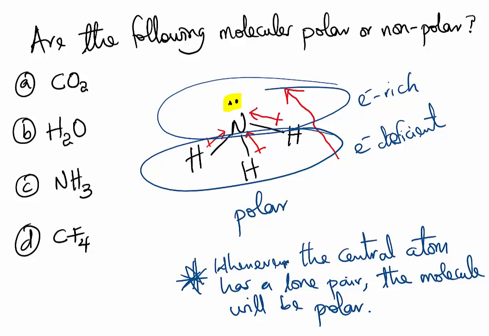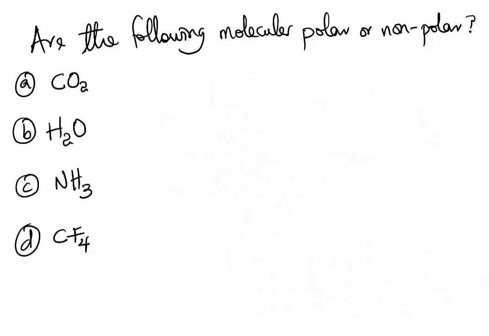Let us take a look at question D. The first thing is to draw the Lewis structure, and if you do that, you should get something that looks like this.